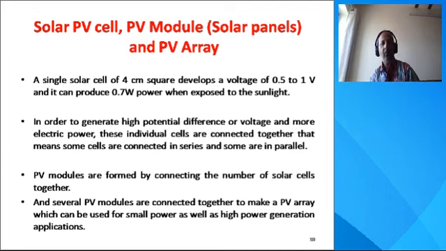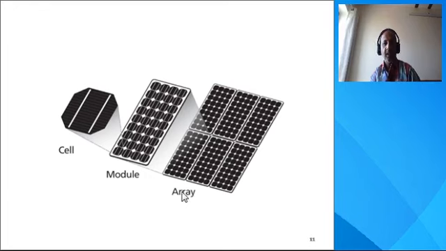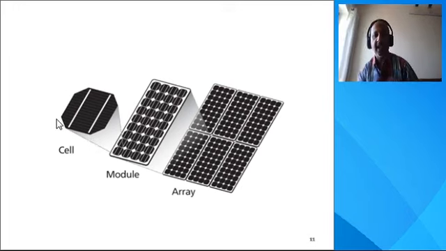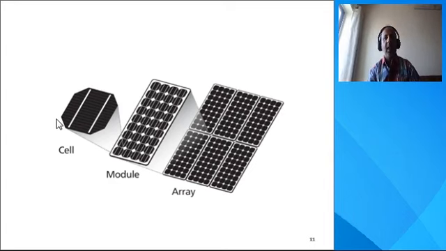Now, what is PV cell or the PV module or the panel? A single solar cell of 4 cm square develops a voltage of 0.421 volt and can produce 0.7 watt power when exposed to the sunlight. We can see here this is a type of a solar cell. It can produce a voltage of 0.5 to 1 volt and has the capacity to produce approximately 0.7 watt power.